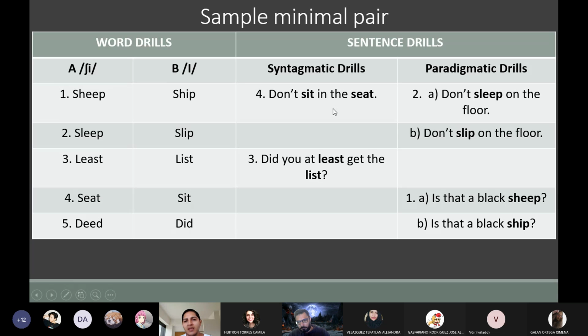So the difference is basically that for syntagmatic drills, you need to use both words in a single sentence. And for paradigmatic drills, you use one word in a sentence, but then you change the word for the other one so that you can keep coherence but change the meaning.